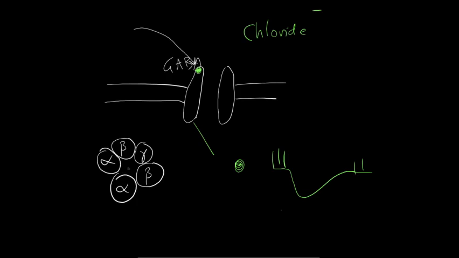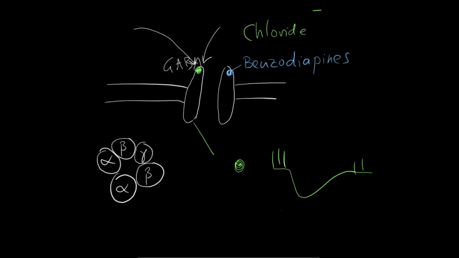And what's particularly amazing about these receptors is that they contain not only the binding site for GABA, but also another binding site for benzodiazepines. So benzodiazepines are things like Valium.